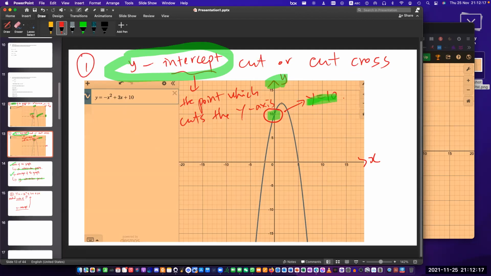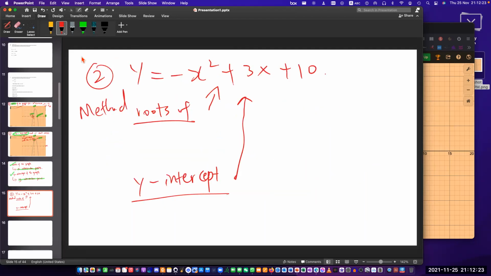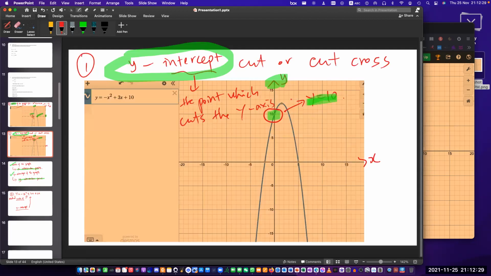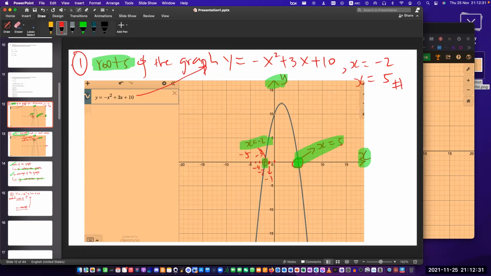Both of these you can do with method 1, but how can you do it with method 2? What do you observe in the graph here, these 2 points?